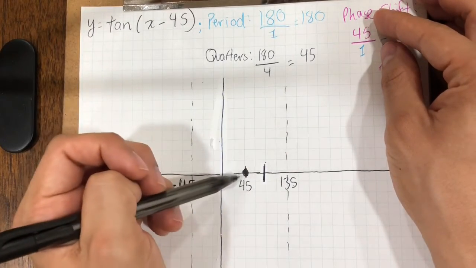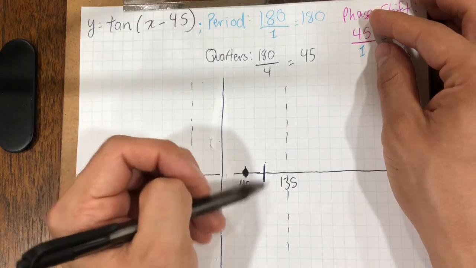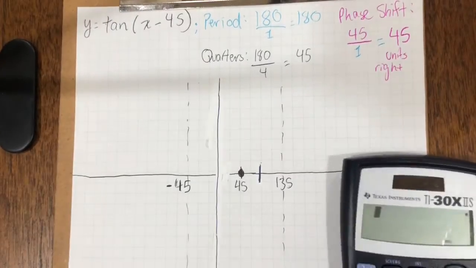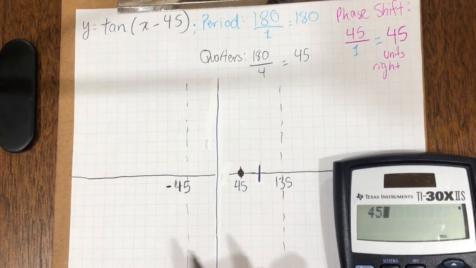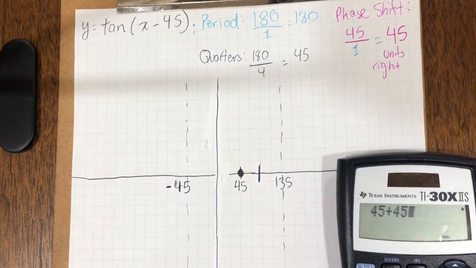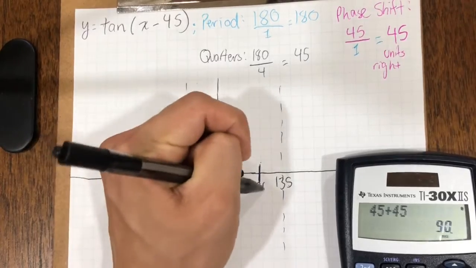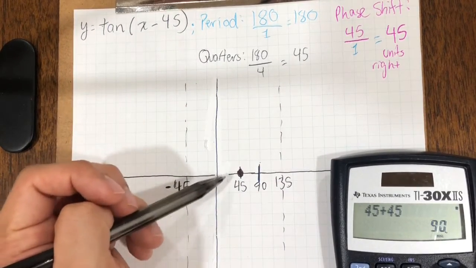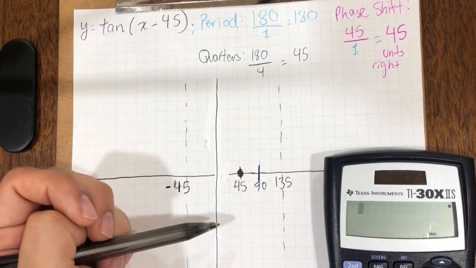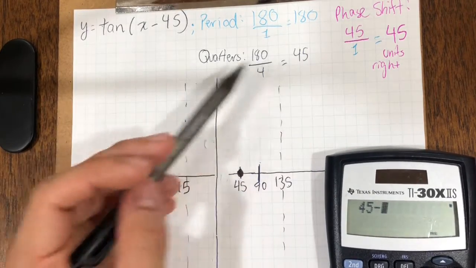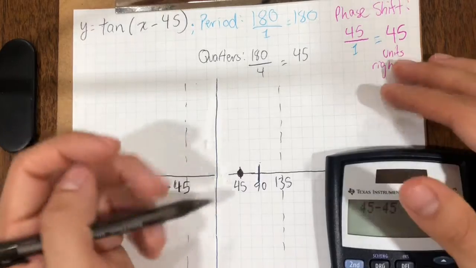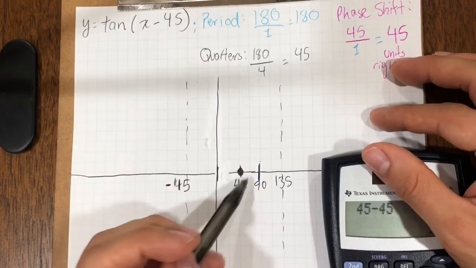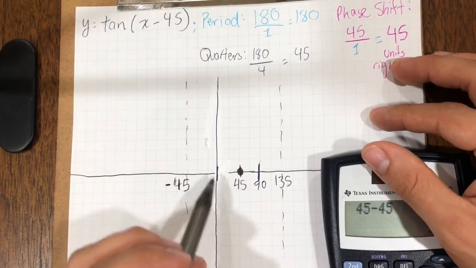So let's say I want to figure out what the missing value over here is. I can take 45 and add it to 45, and I end up with 90. And then to figure out the other half that's on the left side of 45, I can take 45 and subtract the quarter, which is 45, and I end up with 0. All right, so that means that my other half of the midpoint is actually on the x-axis.